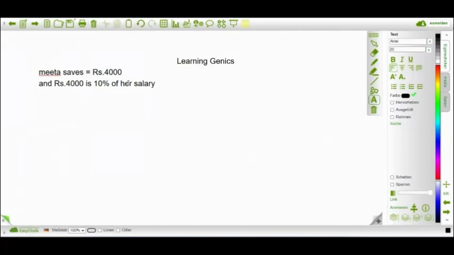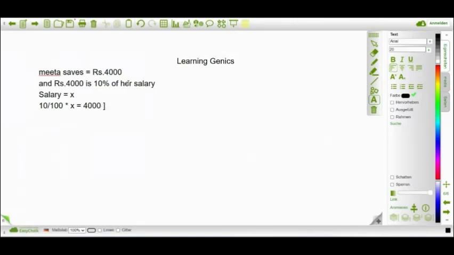So to solve this question, we can take salary as variable x. So it would be 10 upon 100 multiplied by x is 4,000.